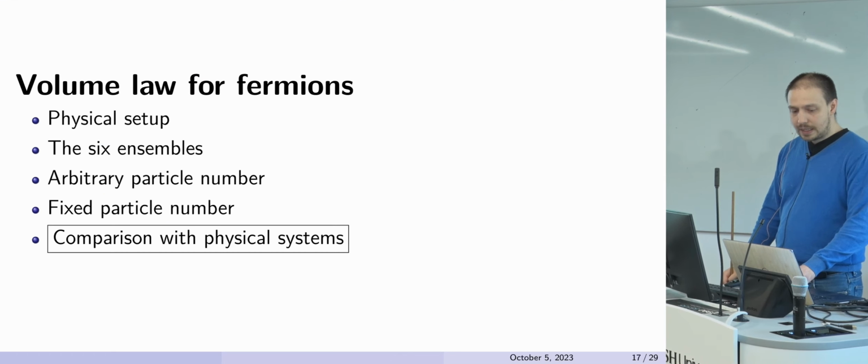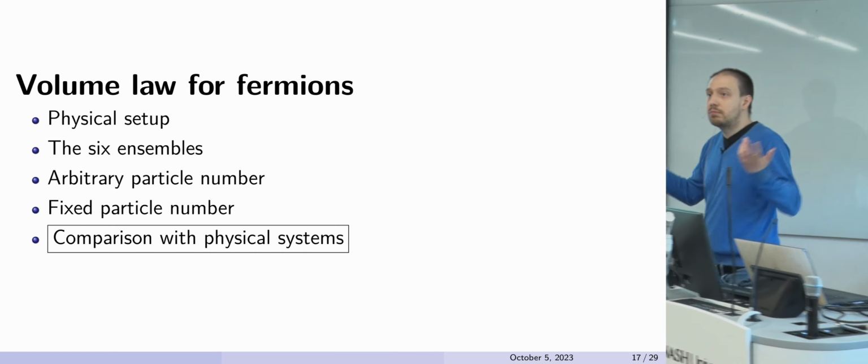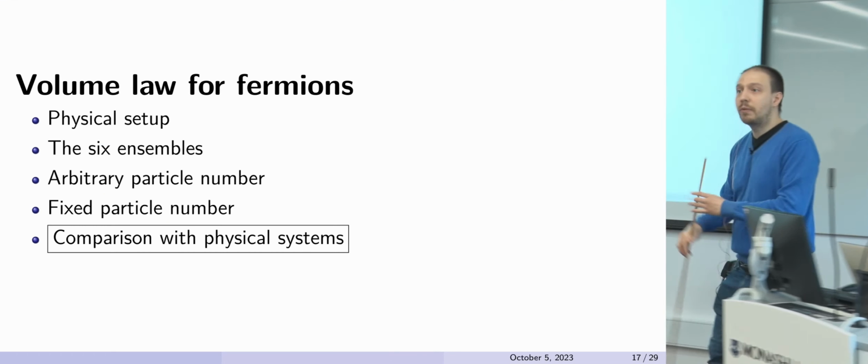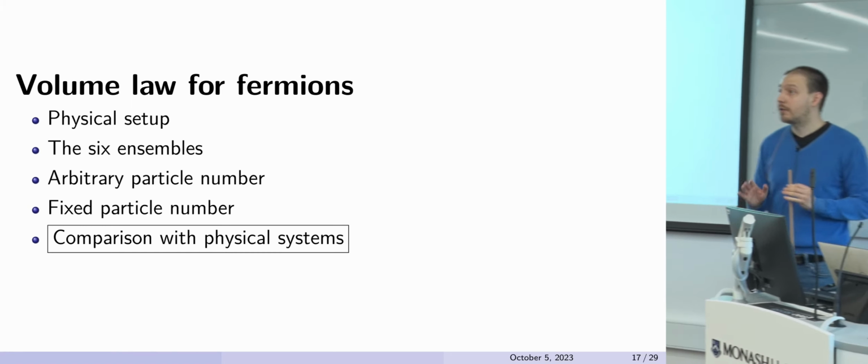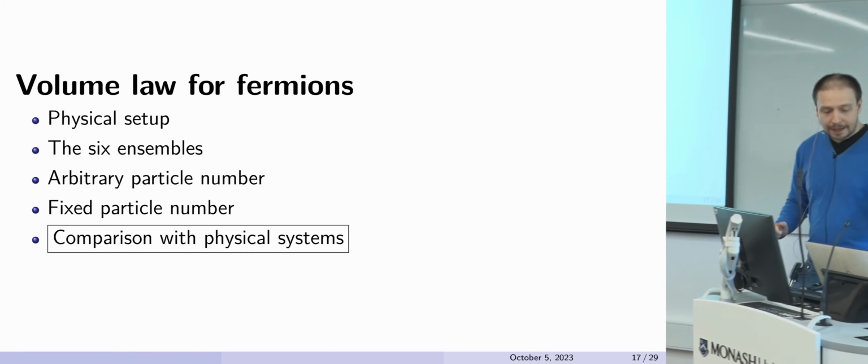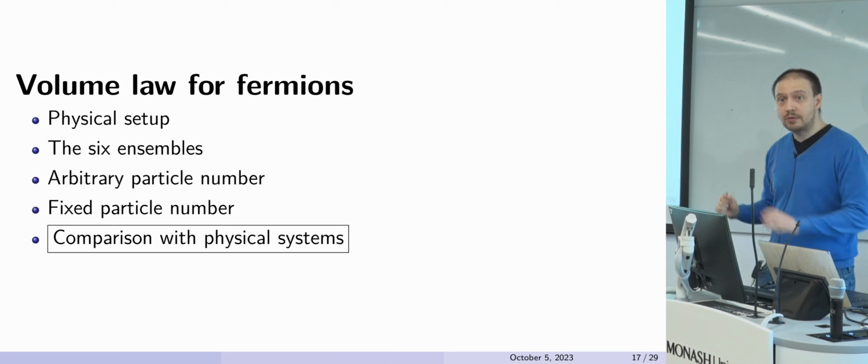Okay, so now I just told you that we are able to use random matrix theory to compute some averages. Well, that's a nice analytical progress, but what does that tell us about physics? So this is now where numerics comes into play.